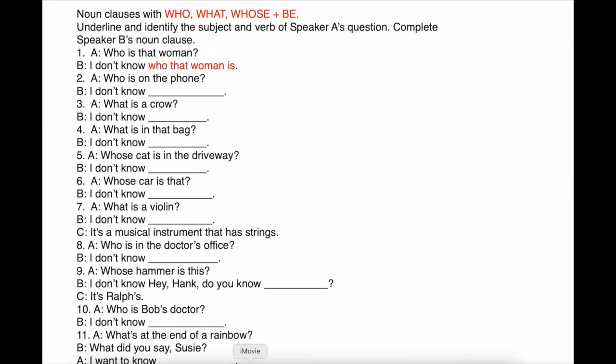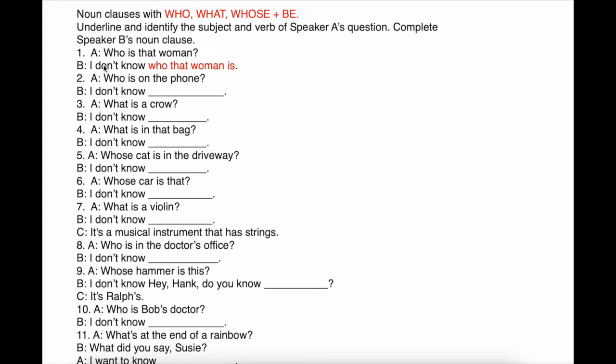Now we have an exercise here, noun clauses with who, what, whose plus be. It says just underline and identify the subject and verb of speaker A's question. Subject and the verb. This is the helping verb, this is the subject. Number one is done. Who is that woman?